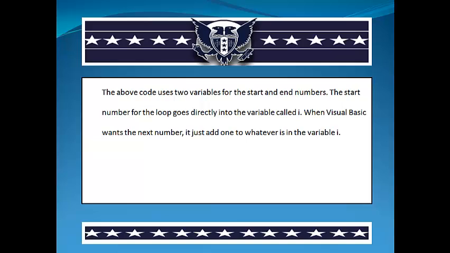The start number for the loop goes directly into the variable called I. When Visual Basic wants the next number, it just adds 1 to whatever is in the variable I.